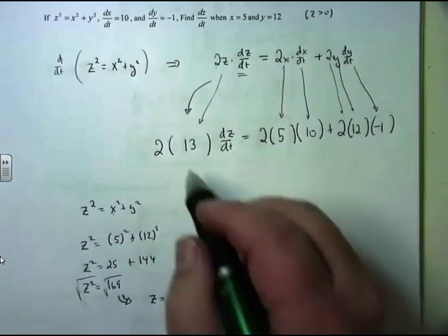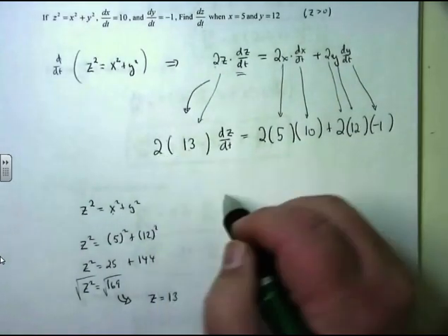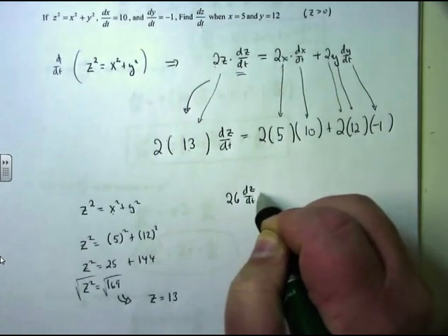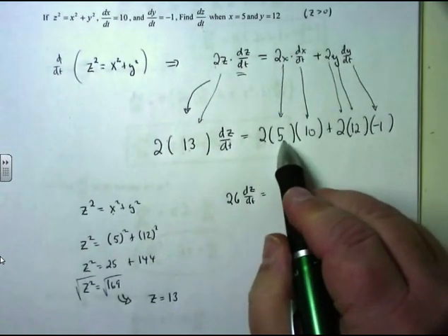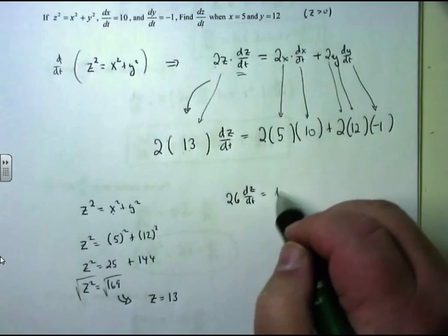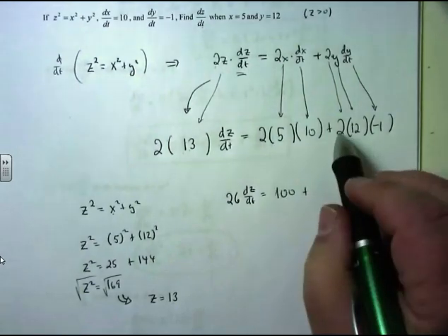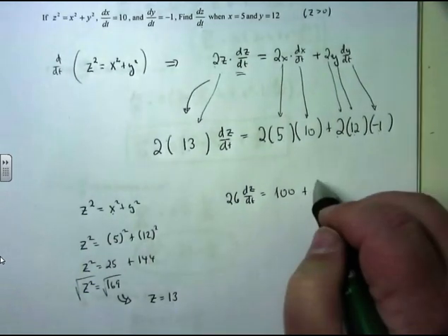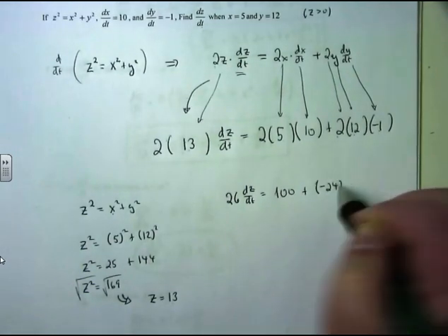Let's clean this up a little bit. This gives me 2 times 13, which is 26, dz/dt, equal to 2 times 5, which is 10, times 10 is 100, plus 2 times 12, which is 24, times -1 is minus 24.